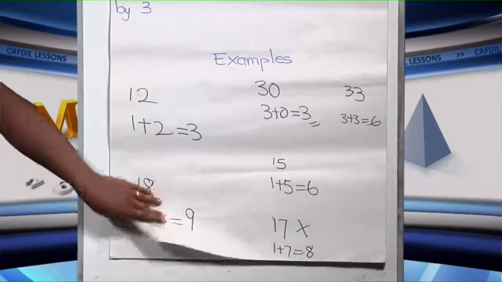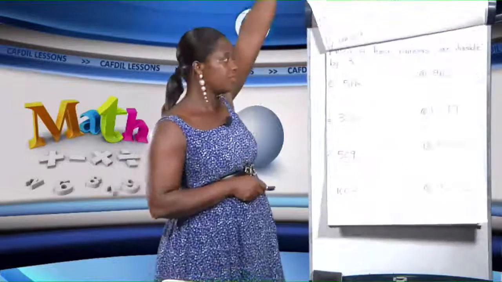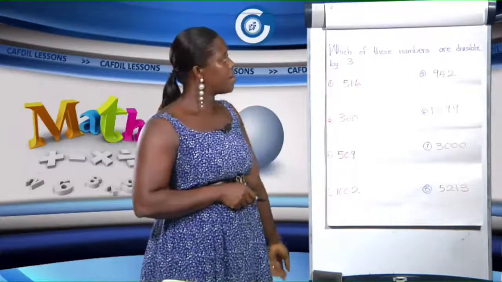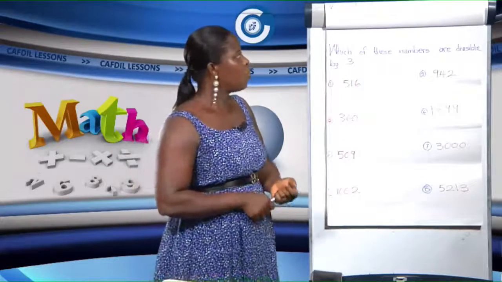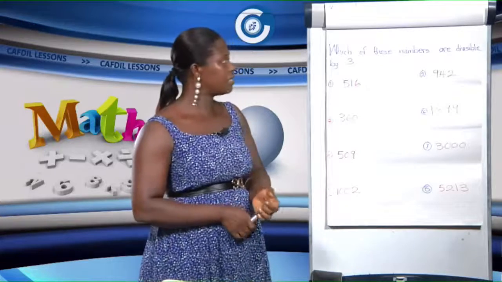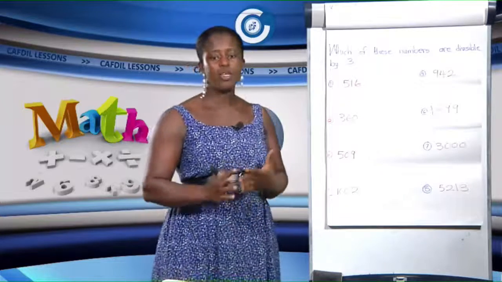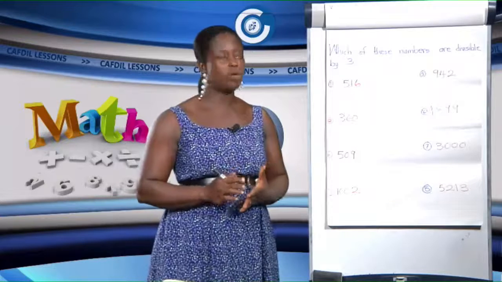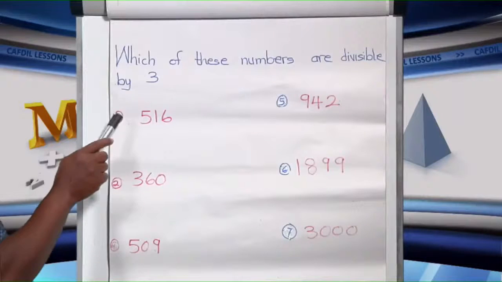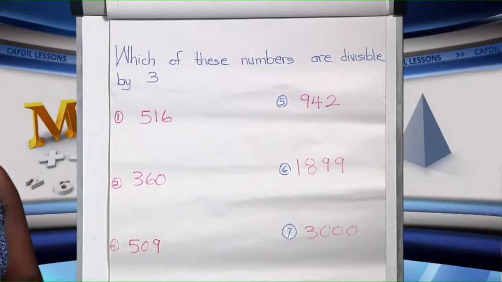Okay, learners, I have examples here. Which of these numbers are divisible by 3? We have the first one, 516. You've been given this number, 516.